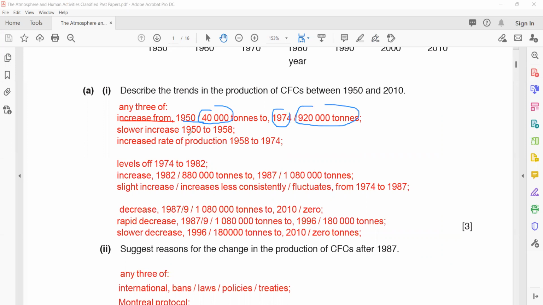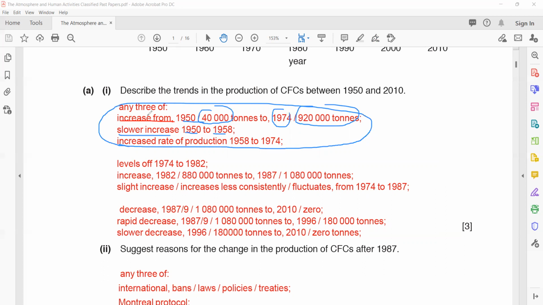And from 1950 to 1958 the increase was slow, but production increased. Here you can write any one of these, they are the same thing.